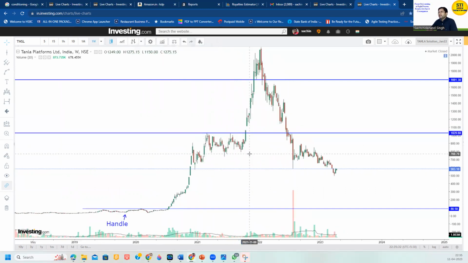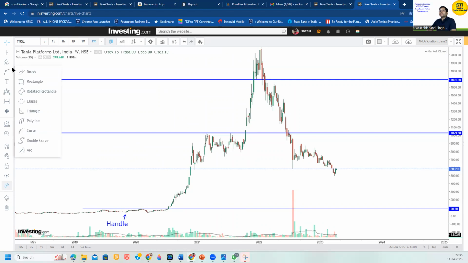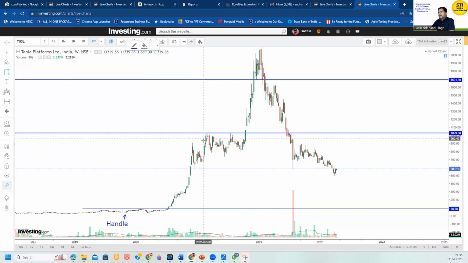Then, if you select the fourth one, there is an option called rotated rectangle or simply rectangle. You can select any one. Suppose I have selected rectangle and just click on two places horizontally, and then click on any one point and move this down.